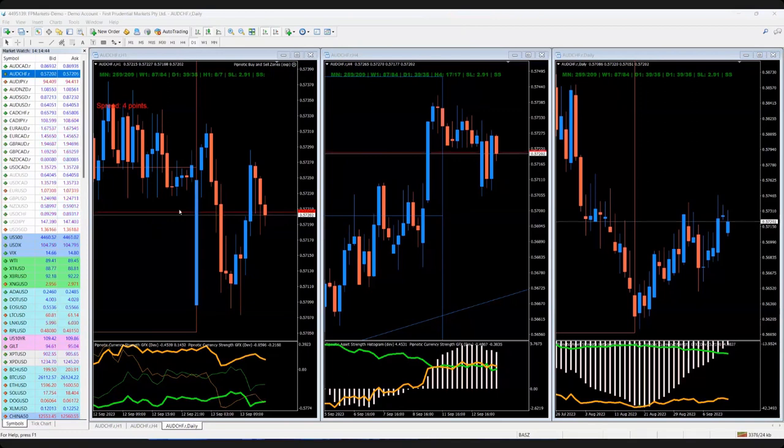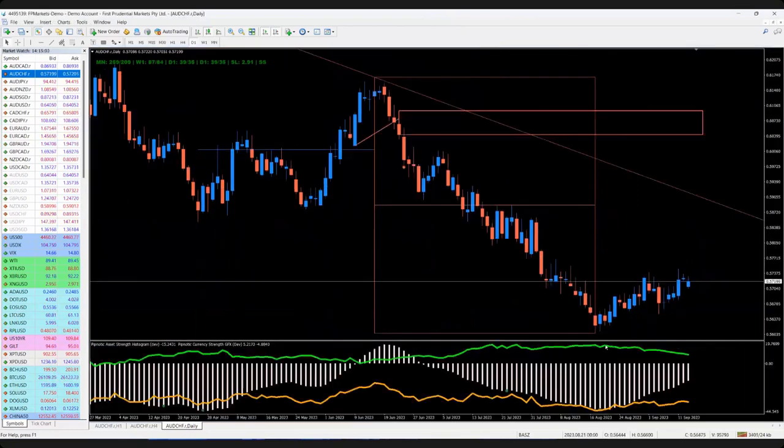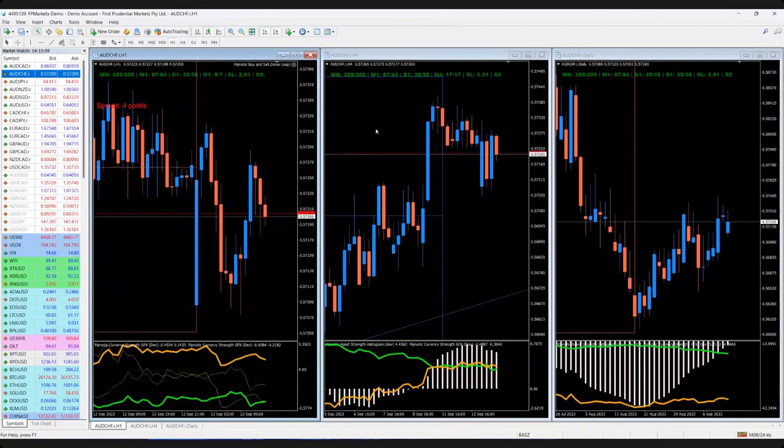The good thing about using a 3-chart configuration is that you see what's going on in the major time frame, the daily. You can see that we've just completed a bear cycle, and now we're beginning to move into a bull cycle. You can see that very clearly here. We're quite low, which means nothing by itself.